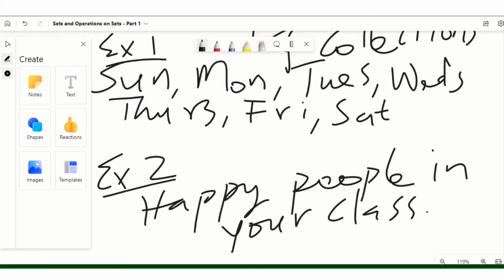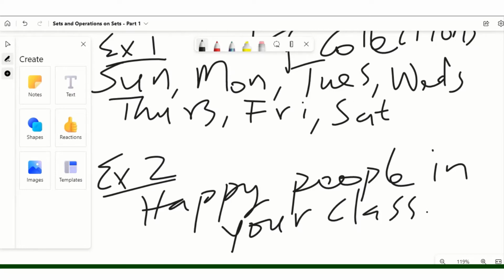So let's take, for example, Stephen may say, okay, today Chris is happy, but Gertrude may think Chris is not happy. So one person may think this person is happy, another person may think the same person is not happy. So it's relative.